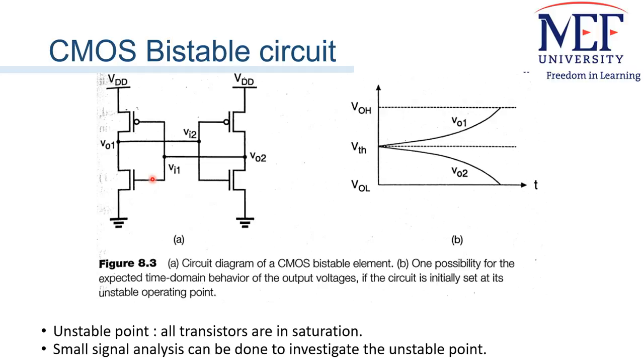If the initial operating condition is set at this point, VTH, any small perturbation will cause significant changes in the operating modes of the transistors. Thus, we expect the output voltages of the two inverters to diverge and eventually settle at VOH and VOL.